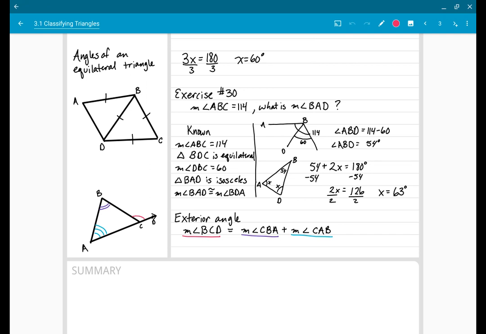The last theorem we need to know a little bit about before class is the exterior angle theorem. Here, I've drawn a picture, and you can see the measure of BCD is an exterior angle of the triangle.